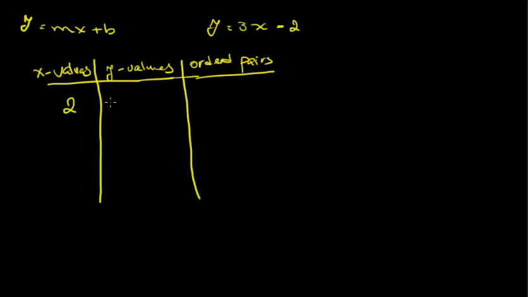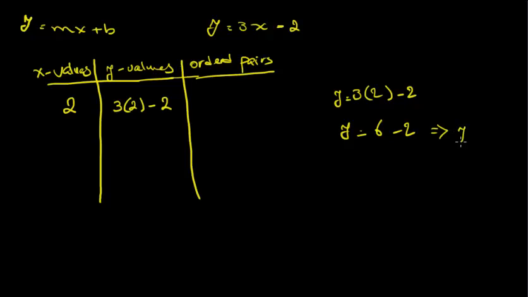We'll have y equals 3 times 2 minus 2, right? So y equals 3 times 2 minus 2, y equals 6 minus 2, y equals 4. So if we put 2 in the equation, we get 4 as y. So our pair is 2 and 4.